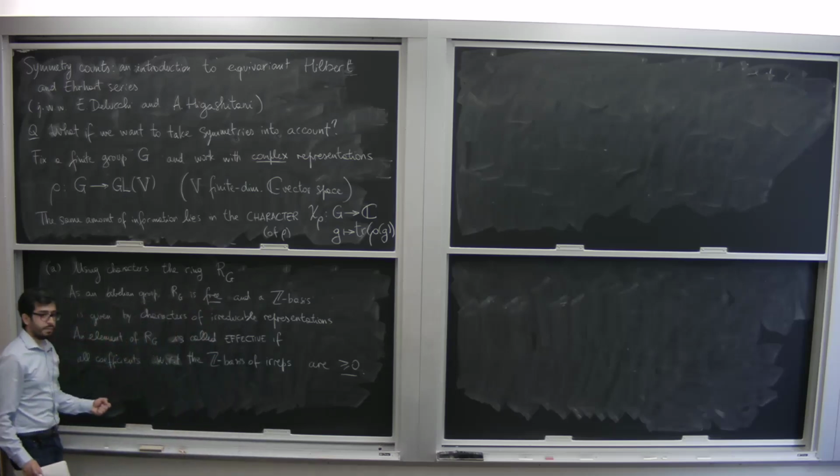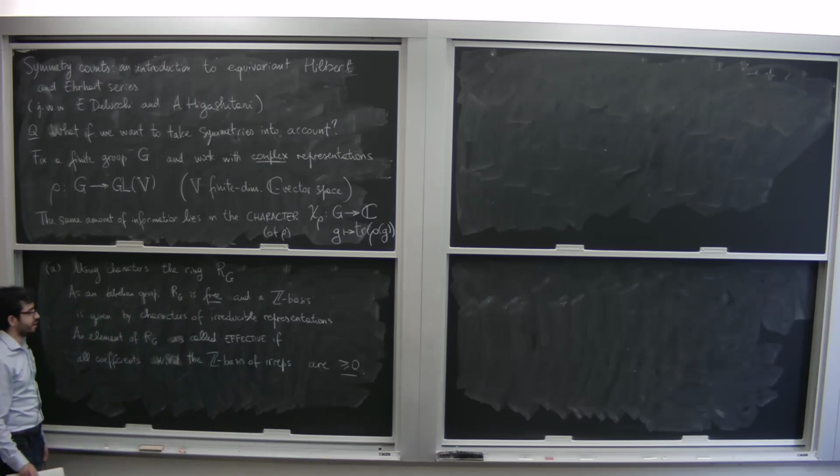And this is exactly the same as saying that this object, that in principle is a virtual character, is actually a genuine character. So it could be interpreted as the character of an actual representation. So this is how it works on the level of abelian groups.